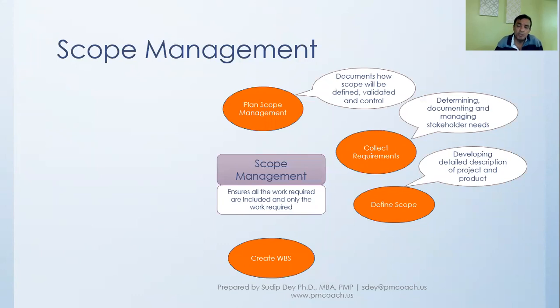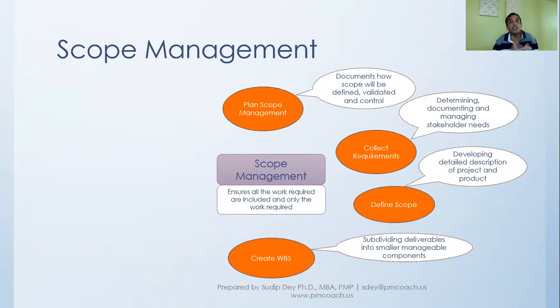Then, from this scope, we go into creating the WBS. The full form of WBS is work breakdown structure. What it really means is that we will break down the scope into smaller deliverables and smaller manageable components that will help us manage the project.